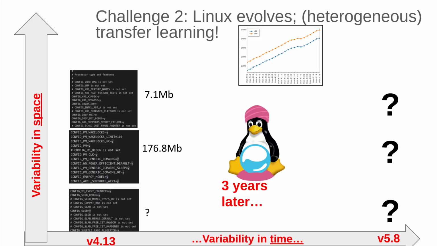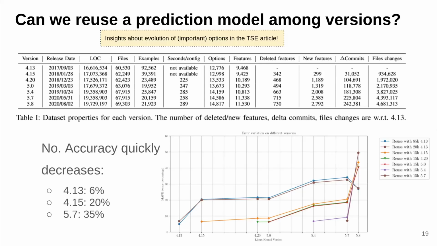But back to our core problem of the TSC article, which is that Linux evolves. So, okay, we have this prediction model for version 4.13, but what about other versions? And the first natural question we ask is, can we reuse the prediction model among versions? So we take version 4.13 and we apply it to the other datasets.